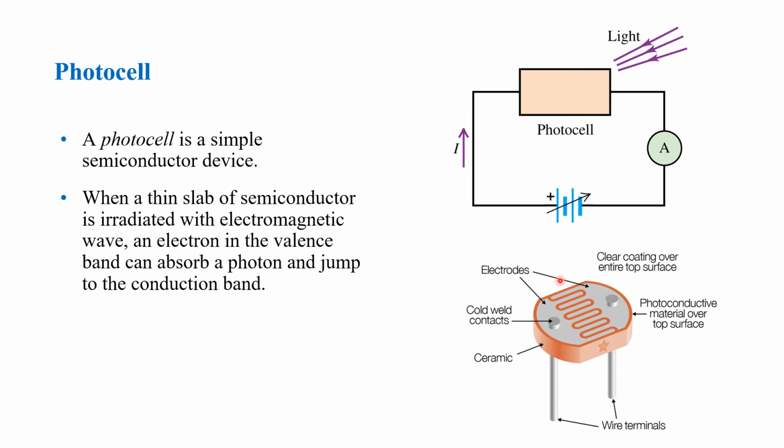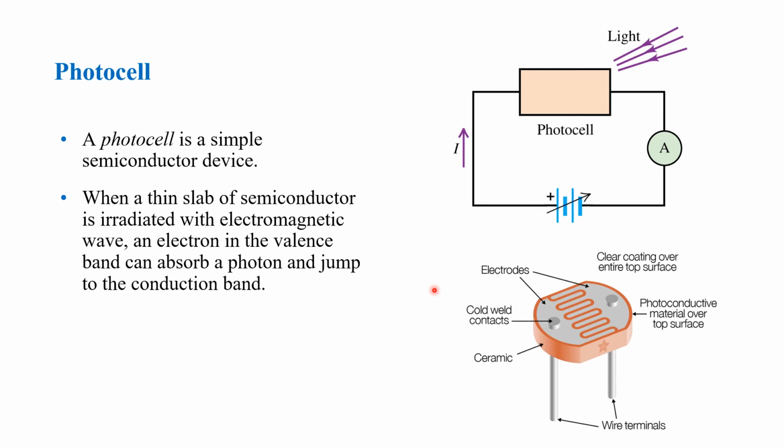Now, when a thin slab of semiconductor, let's say for example this one here, is irradiated with electromagnetic wave, which is in the form of light, an electron in the valence band can absorb a photon and jump to the conduction band. Again, when light hits your thin slab of semiconductor, an electron in the valence band can absorb the photon and jump to the conduction band.